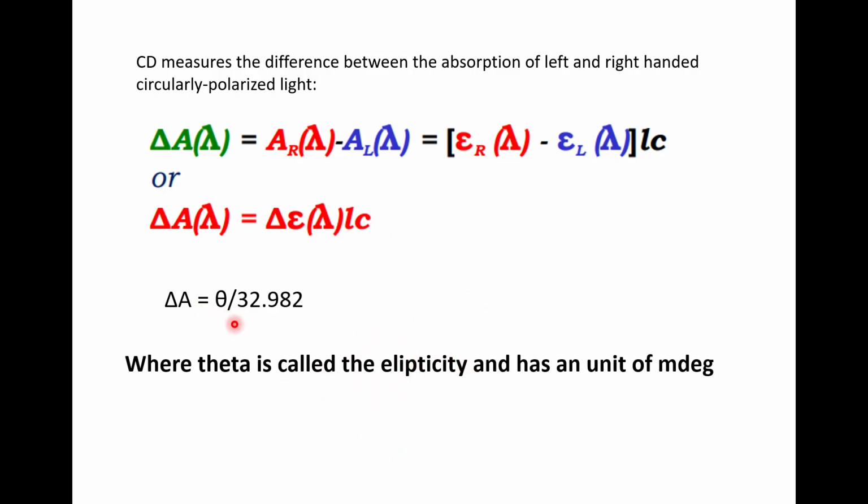That angle is given by this theta value, which is also known as the ellipticity. Now this ellipticity is related to the difference in absorbance by this formula, and since this absorbance difference is very small, the theta value, the ellipticity of a particular substance, is given in the unit of millidegree. Okay, so it is 1 by 1000 times of your degree.